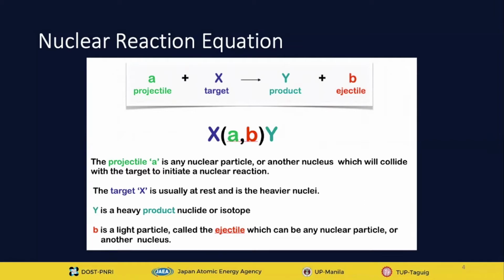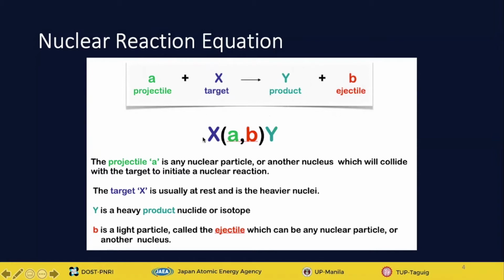And we can write them using two typical notations. One is the longhand notation, as we normally refer to it, because we are individually writing down our projectile, our target, and then our product and our ejectile.